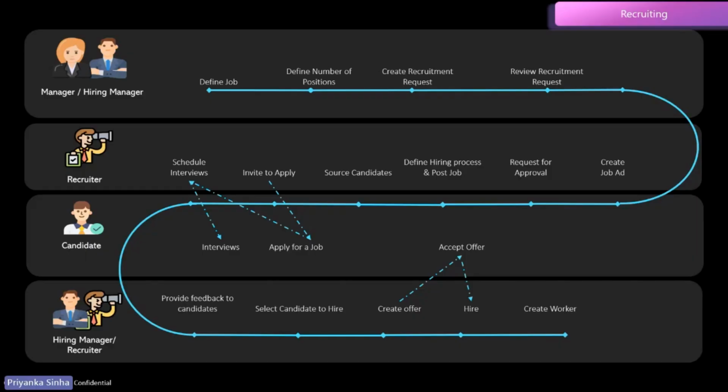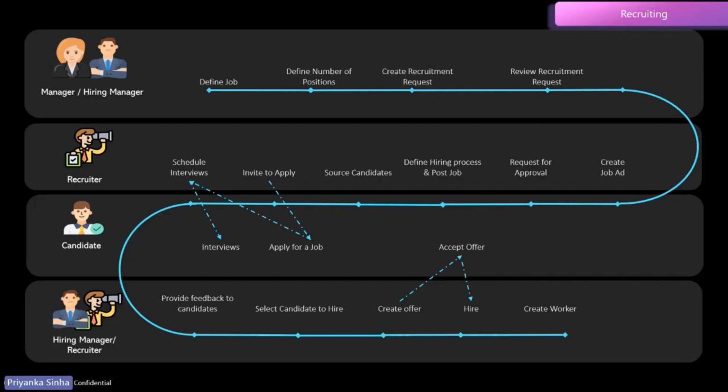So the main roles, if you see here, are manager, hiring manager, recruiter, and candidate, who will be part of this end-to-end process. And if we see the end-to-end process flow, here the manager or hiring manager will specify the job role and requirements, decide how many openings are available, and then initiate the formal request to start recruiting, and then there will be some approval of that request also.